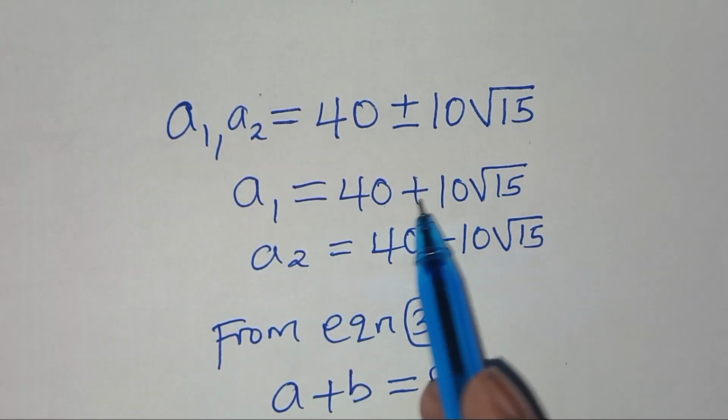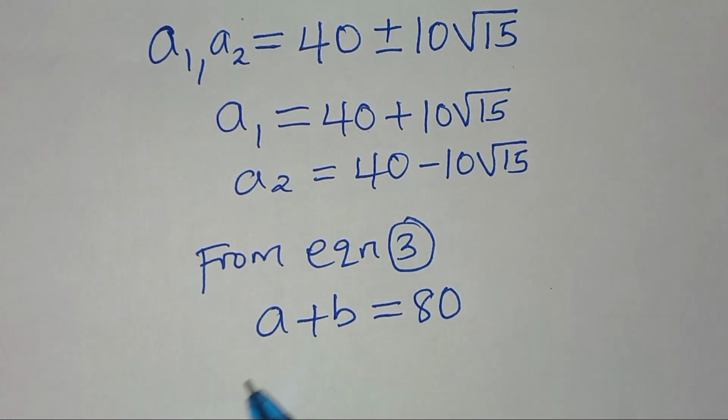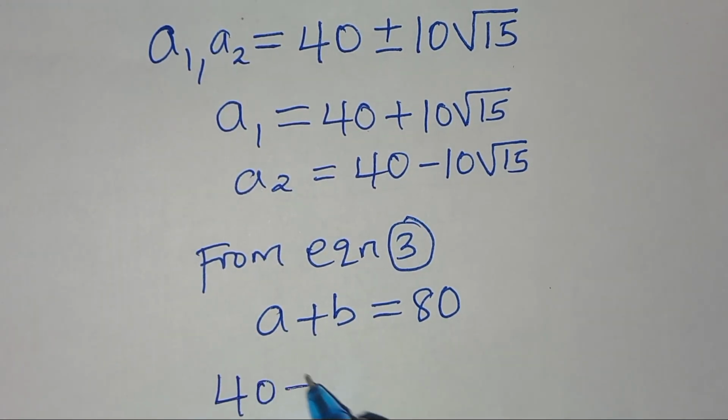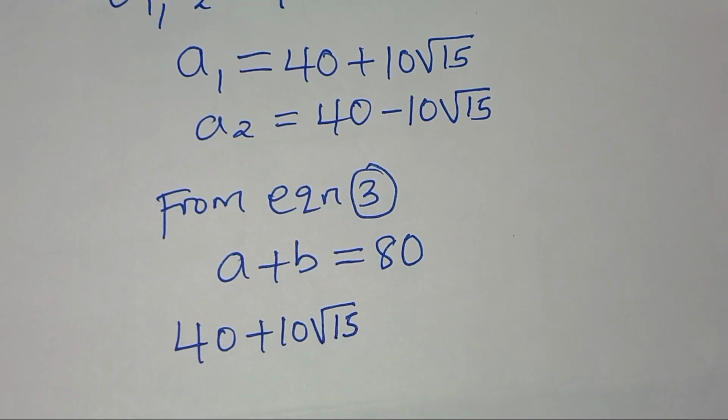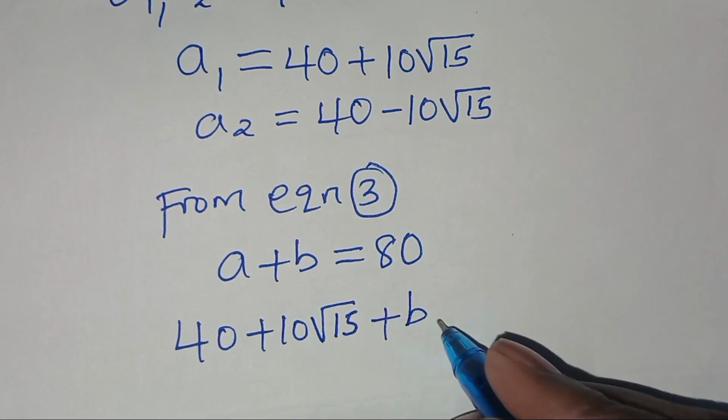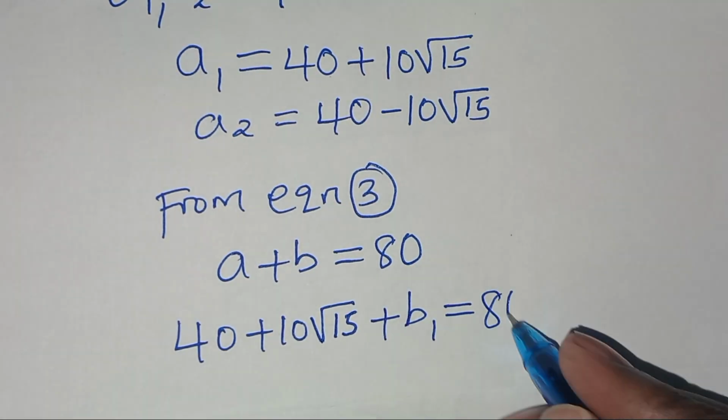Starting with A1, we have that A1 is 40 plus 10 square root of 15 plus B1, this is equal to 80.